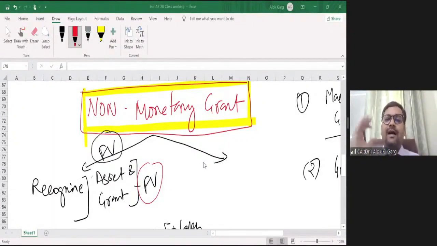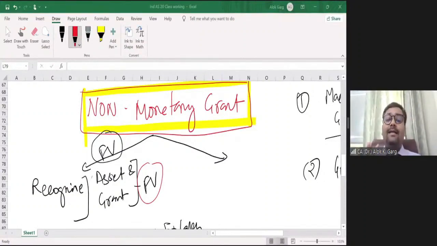There are hardly 3-4 differences in Ind AS and accounting standard. I'll tell you at the end of the standard. There is not much difference between Ind AS and accounting standard. There are only conceptual differences, like the forgivable loan concept was not there in accounting standard. The grant in the nature of promoter contribution concept was there in accounting standard, but it is not there in Ind AS.